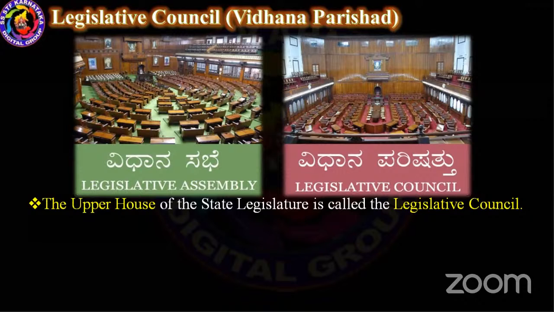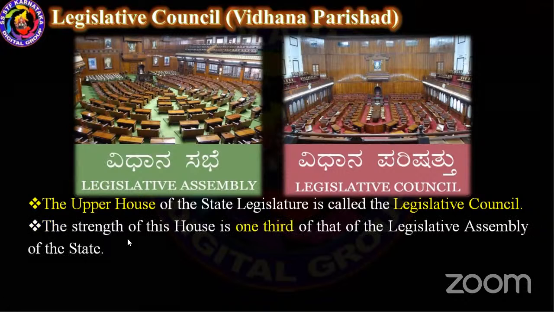The answer is in front of you in the PPT. Vidhan Parishad, Vidhana Sabha, correct. The lower house of the state legislature is called the legislative assembly. Upper house is the Vidhana Parishad or legislative council. Lower house is the legislative assembly or Vidhana Sabha.